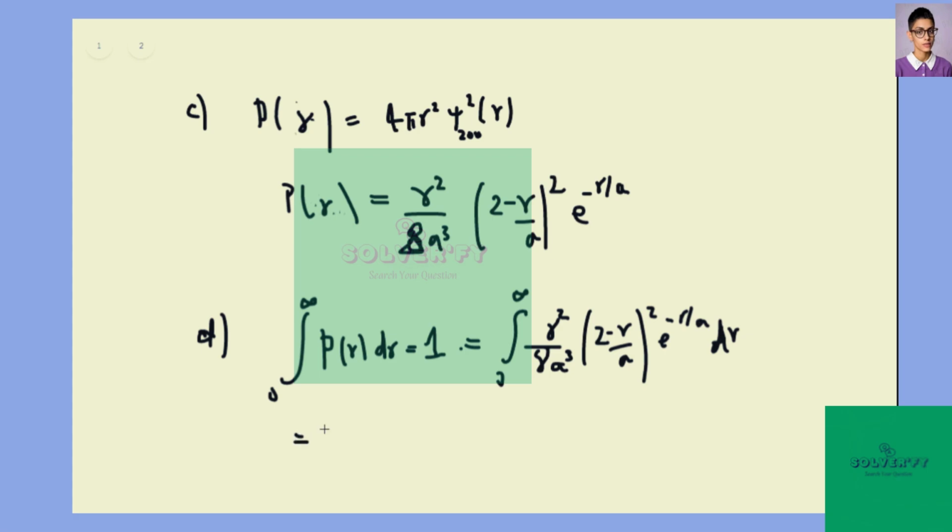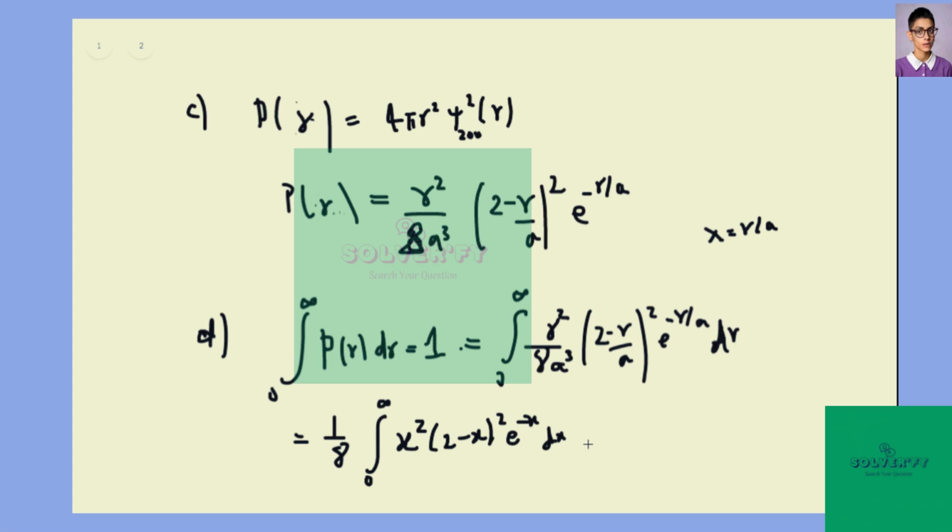Now that's equal to 1 over 8. We'll make a substitution: r over a can be taken as x. So x is equal to r over a. In that case, this becomes x square into (2 minus x) whole square and e to the minus x dx.